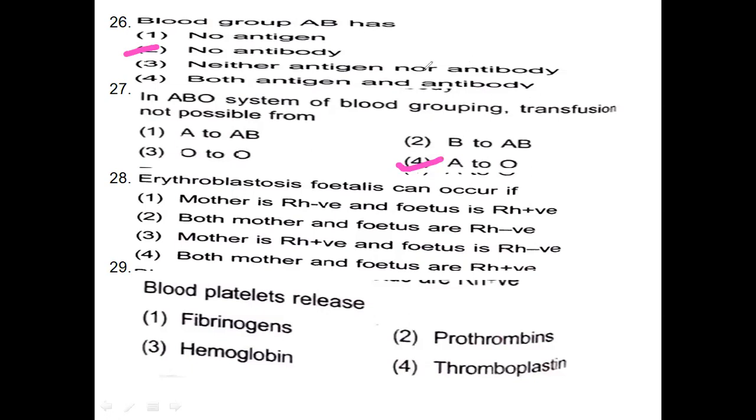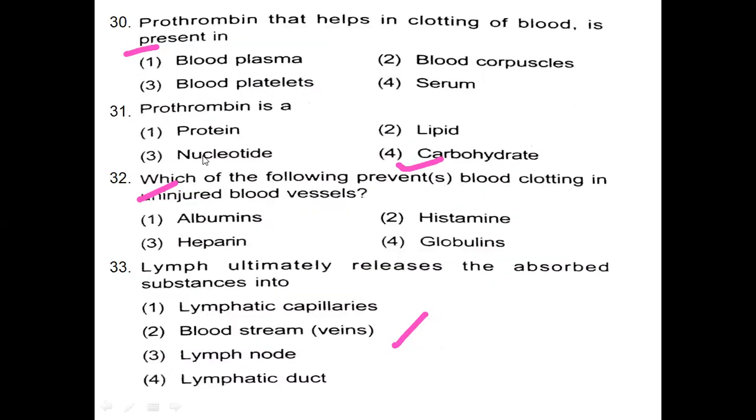Platelets release fibrinogens, prothrombins, hemoglobin, thromboplastin. Platelets release the prothrombins. Prothrombin that helps in clotting of blood is present in blood plasma.